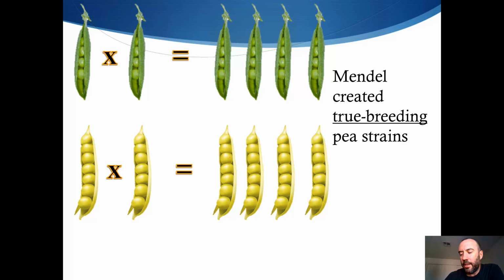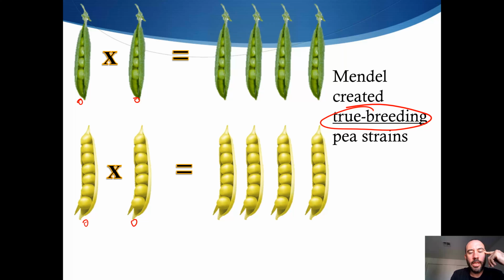So what he did first, he sort of had to get a base level. He had to create strains of peas where he knew that if you cross, which means you mate, you cause to reproduce, two green pea plants, you would only get green pea plants. Okay, that's called a true breeding pea strain. And then he would do the same with yellow.